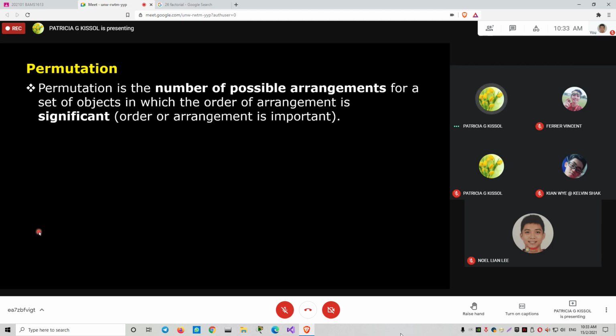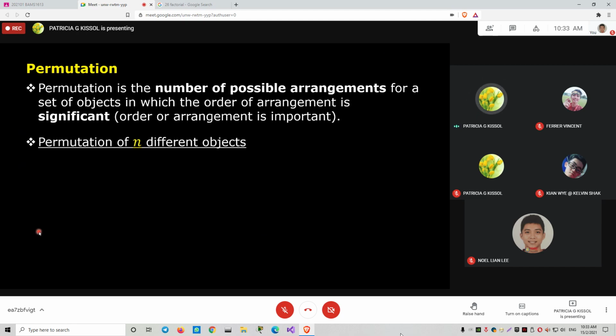Say I have 2 persons in a group, and from them I appoint one person to become the leader. The second person is the assistant. So in this case, the first person is the leader. The order is important. So you can only choose number 1 as the leader, number 2 as the assistant. So in terms of permutation, order is important.